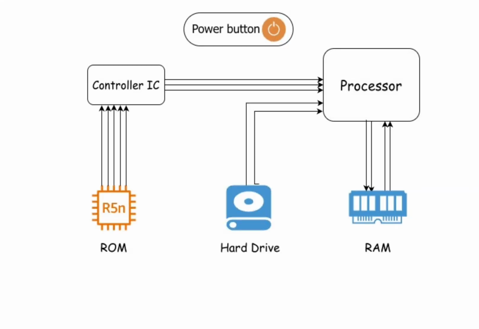Before the operating system runs, we already have firmware software that helps the processor know where the operating system software is located in the hard drive. When the user presses the power button, firmware loads and tells the computer to load the operating system software, and the operating system software also knows how to run application software from its list.